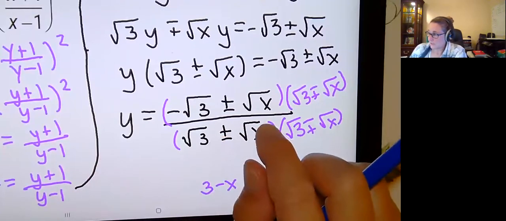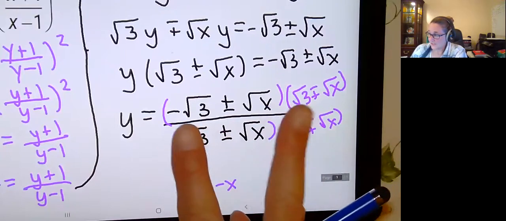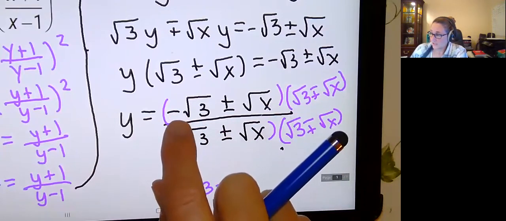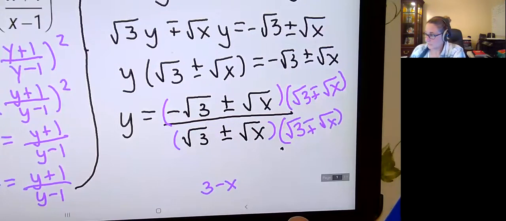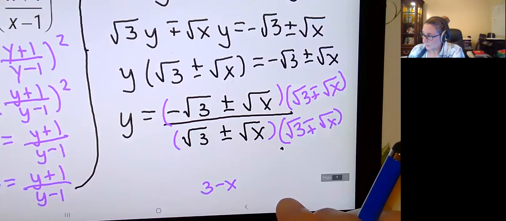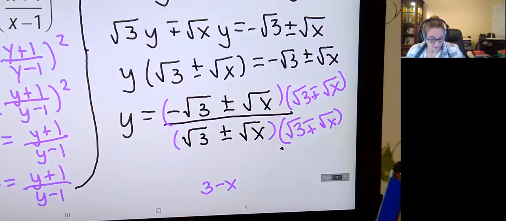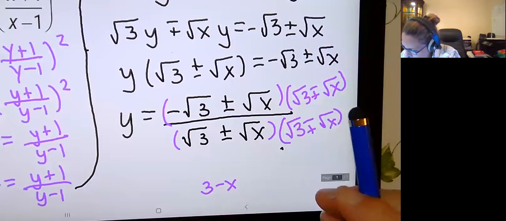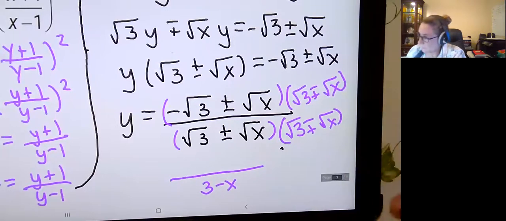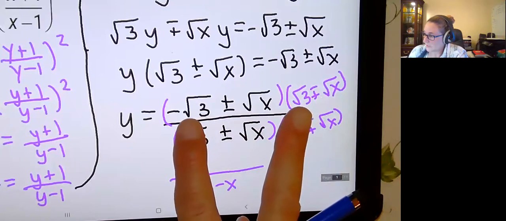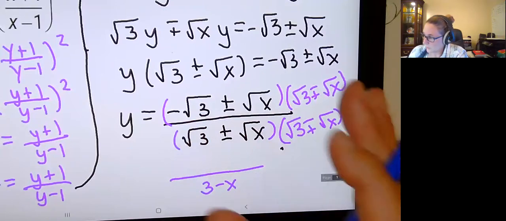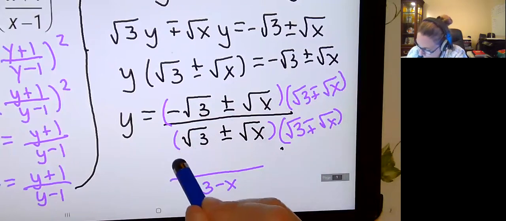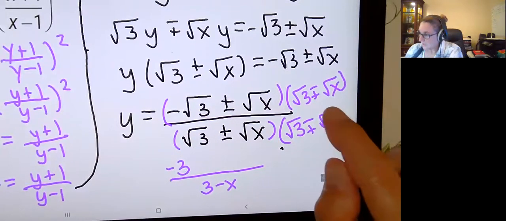Now on top, what's happening is these are not exactly the same, because this is a negative and this is a positive, okay? So when I work this out, I am going to get root 3 times root 3, which is 3, negative root 3.